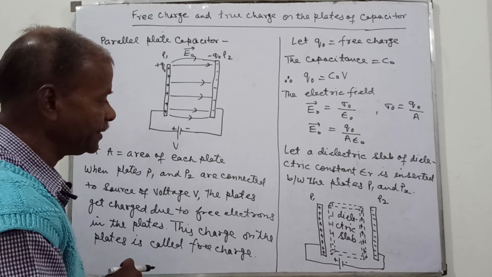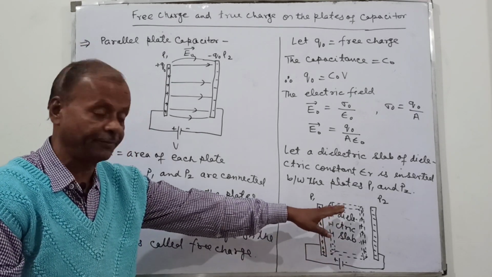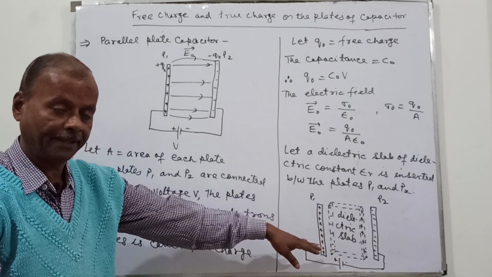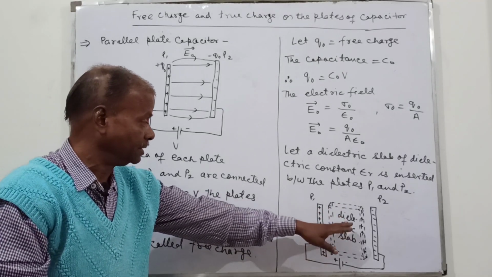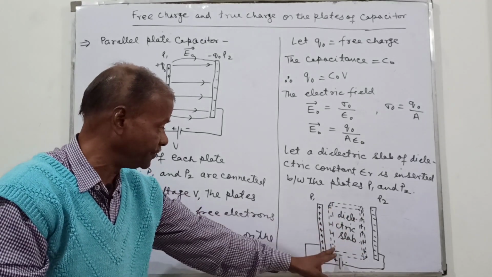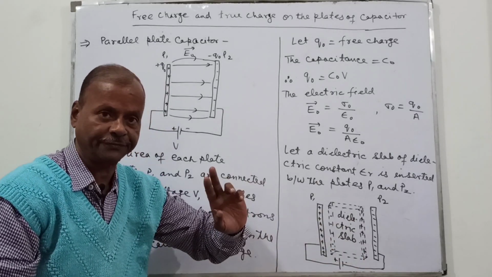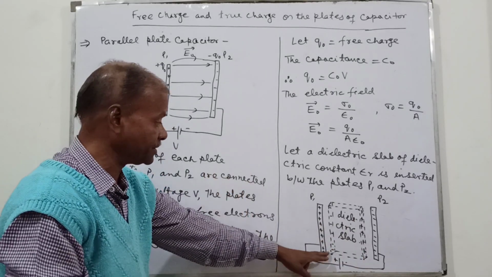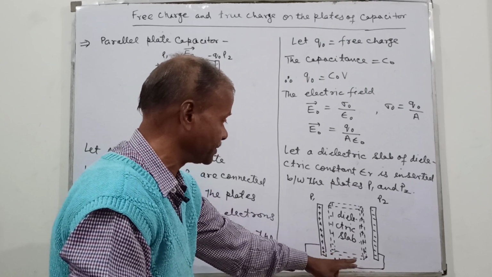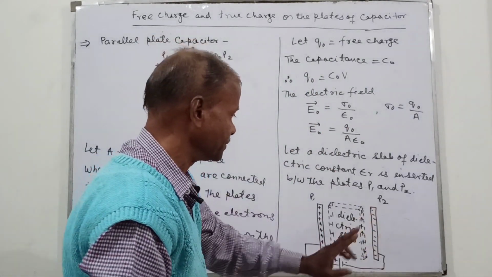So now what is happening is that when this dielectric slab is placed between these two plates, then the dielectric gets polarized. So on this surface we will have the negative charge, and on this surface we will have the positive charge. Now when this dielectric is placed, the capacitance of this capacitor increases.